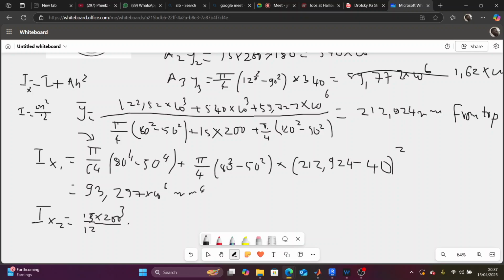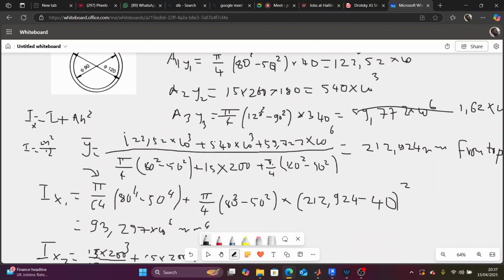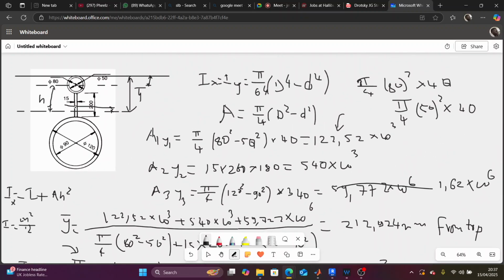Over 12. Plus the area, 15 times 200, multiplied now by the distance from this center of gravity to y bar. So if we do the math, it's going to be y bar minus 180.